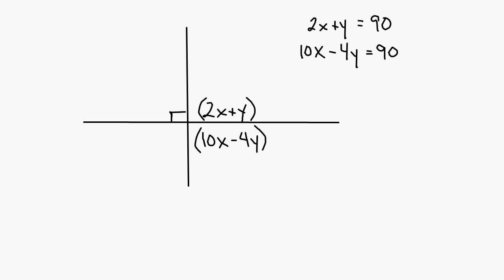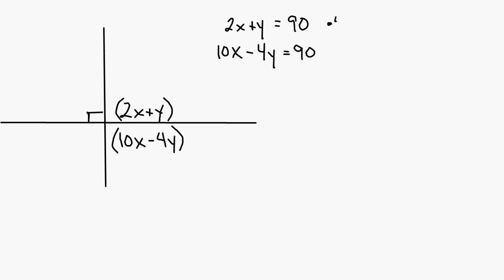Take out the y. Multiply the top equation by -5, right? What else could you do? Could you multiply the top equation by 4? If you multiply the top equation by 4, you would get 8x plus 4y equals 360.